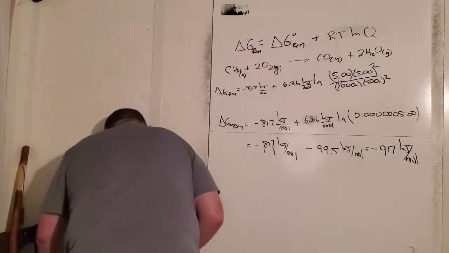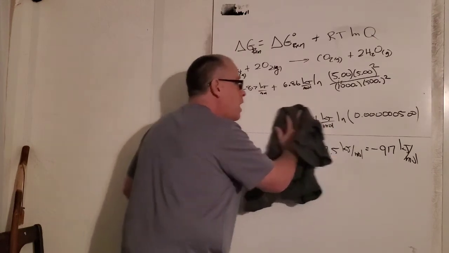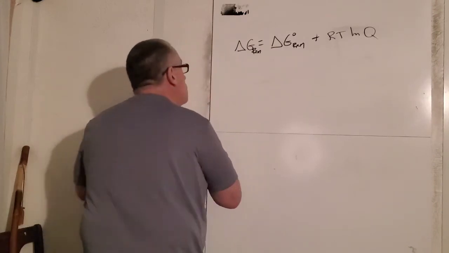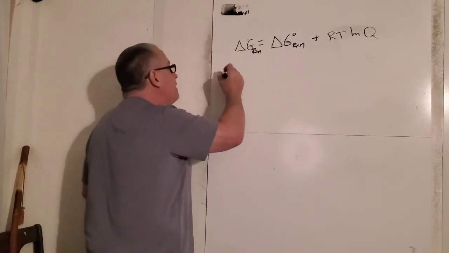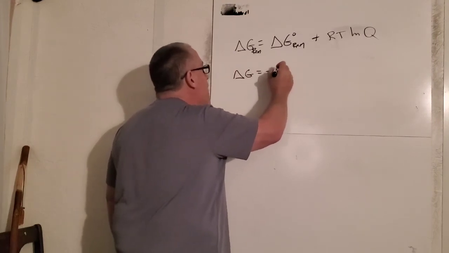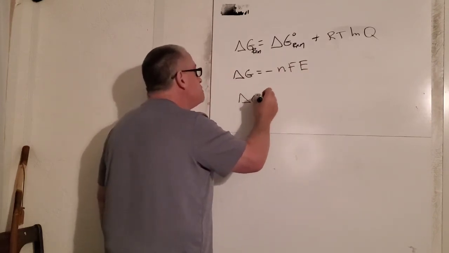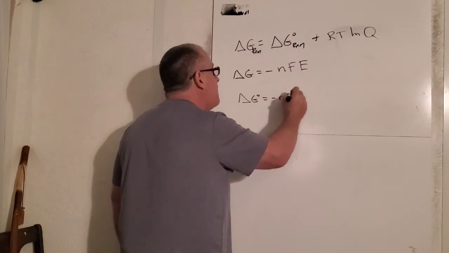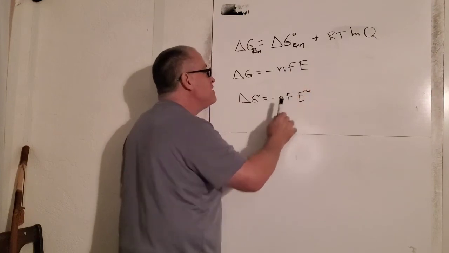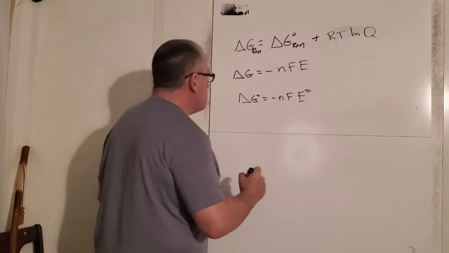Next time, when we get into electrochemistry, we're going to use this and the fact that Gibbs free energy is equal to minus NFE, and Gibbs free energy under standard conditions is equal to minus NFE naught, where E is voltage, F is the Faraday constant, and N is the number of moles of electrons that are transferred in the redox reaction.